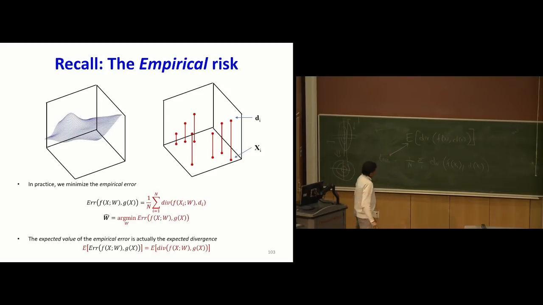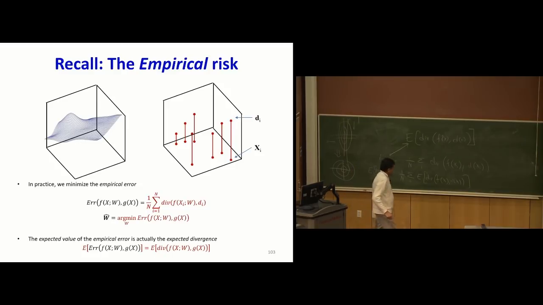But then let's look at the expectation of the loss. The expectation of the loss is simply going to be, because the expectation goes inside, 1 over n summation over i, expectation of the divergence of f of xi, d of xi, right? And the expectation doesn't really depend on the specific sample.